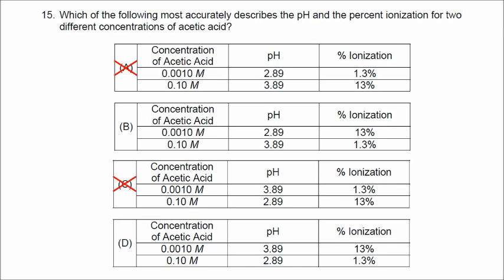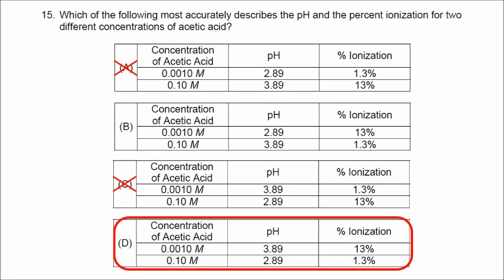So the correct answer is either B or D based on the fact that 0.001 molar acetic acid has the higher percent ionization. Now, a more dilute concentration of acid would lead to a higher pH. A more concentrated acid solution would lead to a lower pH. So the correct answer is D.